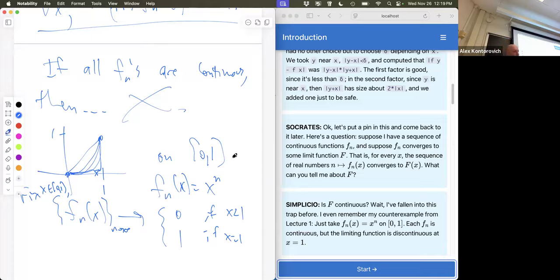Yeah, I think of the algebraic limit theorem as: I have a limit, and then I do some algebraic operation. Multiply things, multiply by a constant, take reciprocals. I'm not doing any of those. I just have arbitrary continuous functions converging pointwise to some function. Obviously, that function can't be continuous, but where does the argument go wrong? So what would be a hypothetical argument?